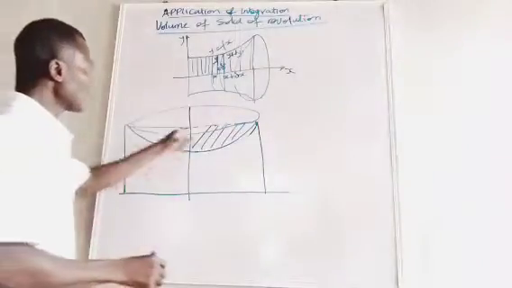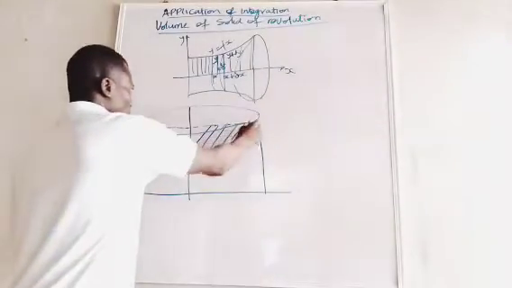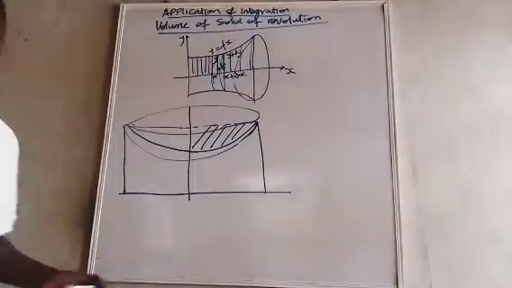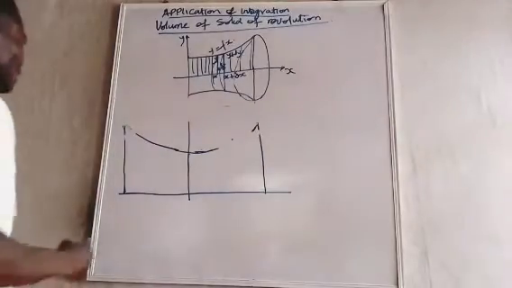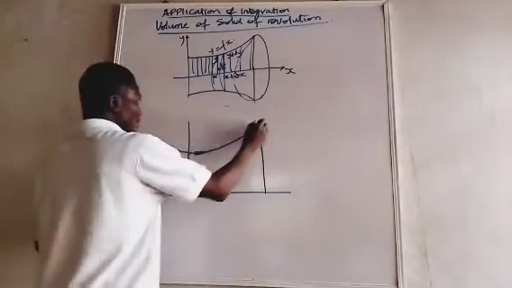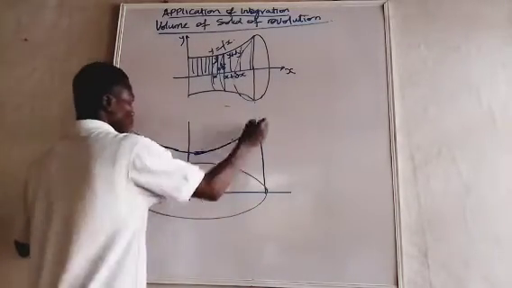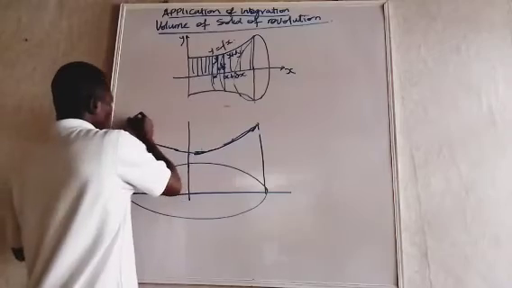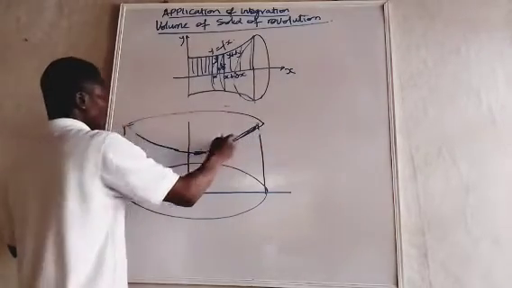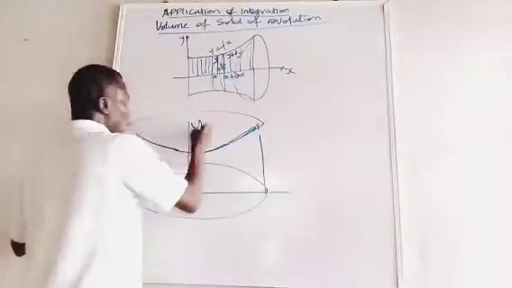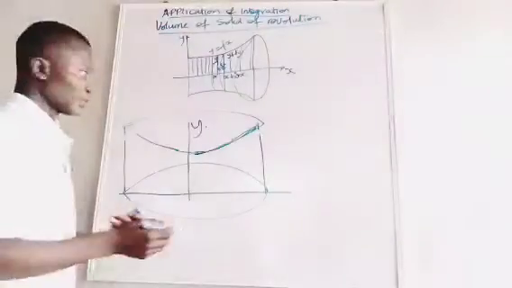But in this instance, it is like this. This shape is now the one rotated around the y-axis. You understand? And how do we find the volume for this one?